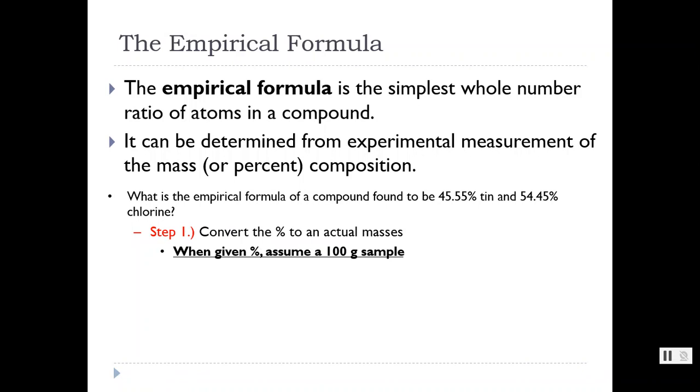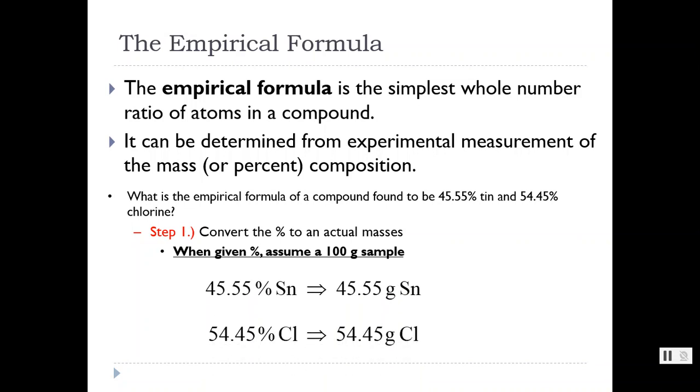Why pick 100 grams as opposed to something else? Well, when you assume a 100-gram sample, your mass percents automatically become grams. So if I assume a 100-gram sample, 45.55% of that is going to be tin, which is equal to 45.55 grams.